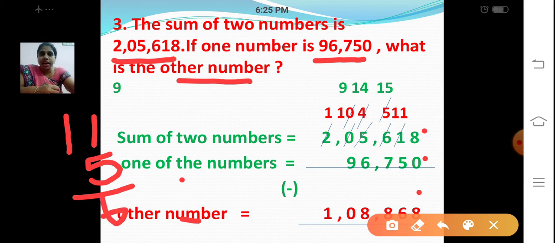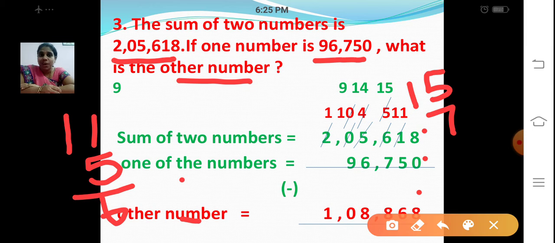Then move on to the hundreds place. What number? 5. 5 minus 7, is it possible? Can you subtract? This is the hundreds place. No. So what I have to do? Borrow 1 from the thousands place now. We are having 5 in the thousands place. So cancel that. The thousands place will become 4 and my hundreds place will become 15.